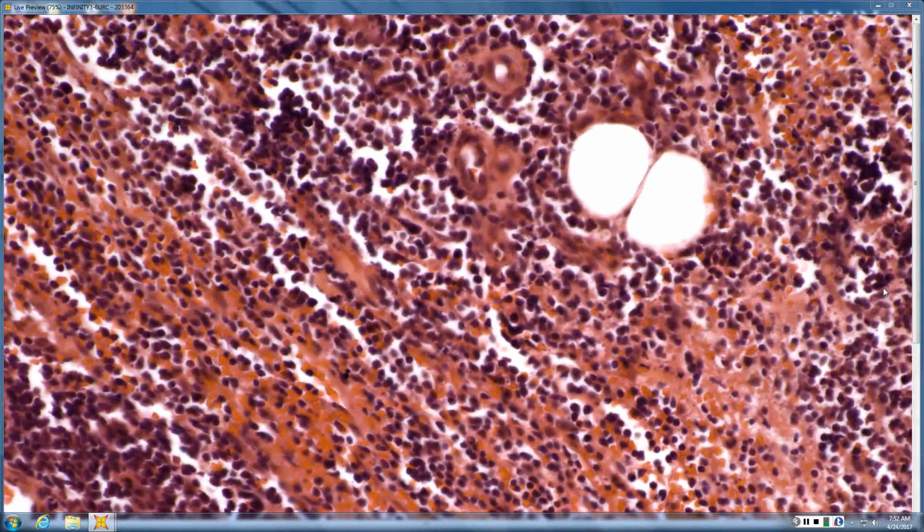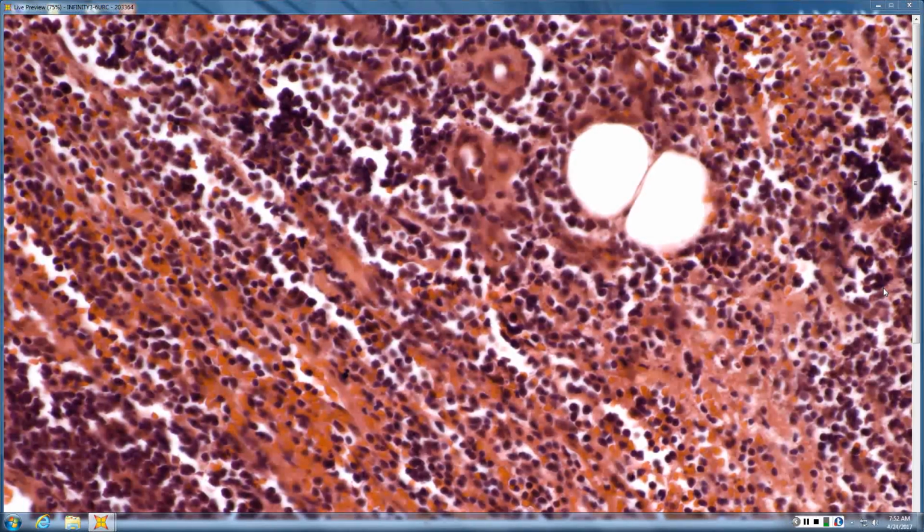So if this were, let me give you an example. Say this were on the leg of a 96-year-old woman, and it stained CD20 positive. It was CD10 negative, but still had BCL6.